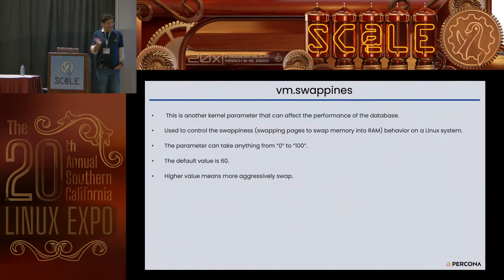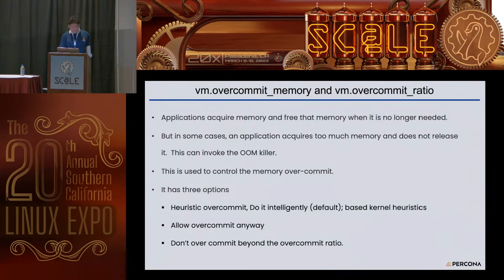So at least it will not crash, but at that point it will slow down. So usually people set that value very low. If you set that value too high, it will swap very aggressively.